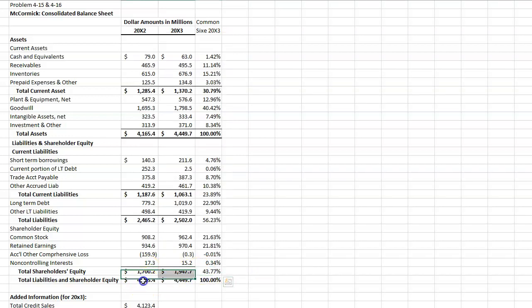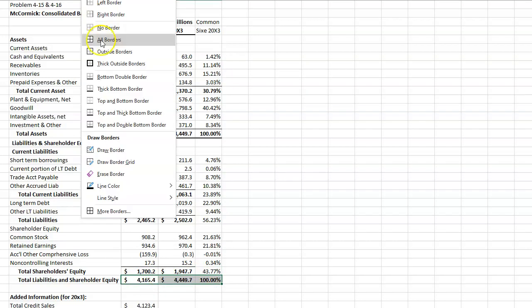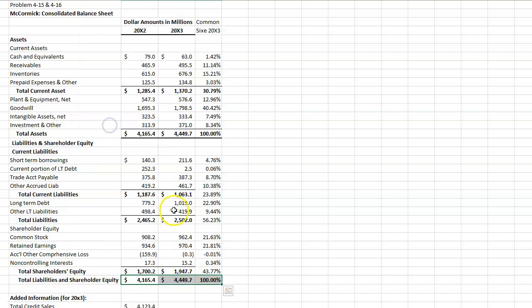Put my formatting in. Y'all know that makes me happy. Okay, so that is it for the common size.